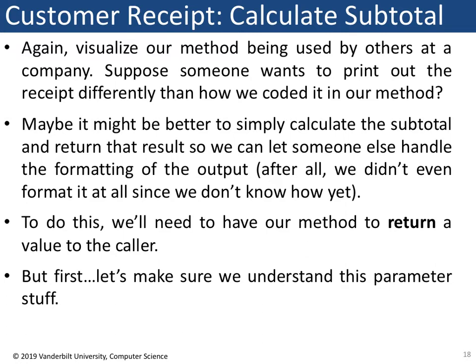By separating the calculate and display, we're able to more finely control each and allow some other method to decide how it gets displayed at a later date. So in order to do something of this type where we share information or allow some other method to handle the display, we'll need to introduce returns so that we can return a value to the caller.